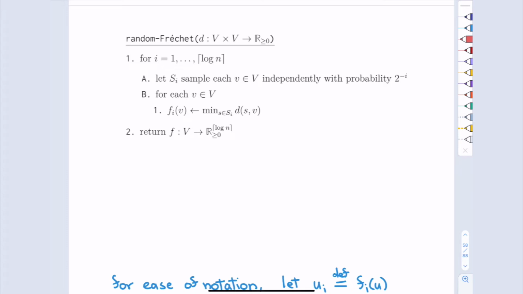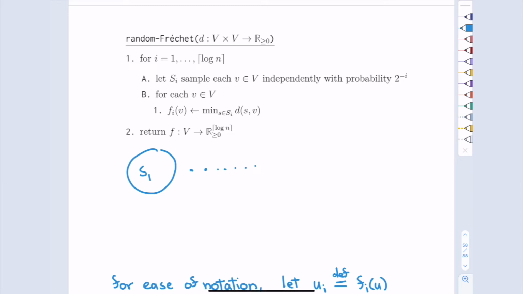So let's start with S1. I'm going to first sample all the vertices with probability 1/2. So here's some set S1, which has lots of vertices in it, or lots of points. And then the first coordinate is going to be the distance from this set.